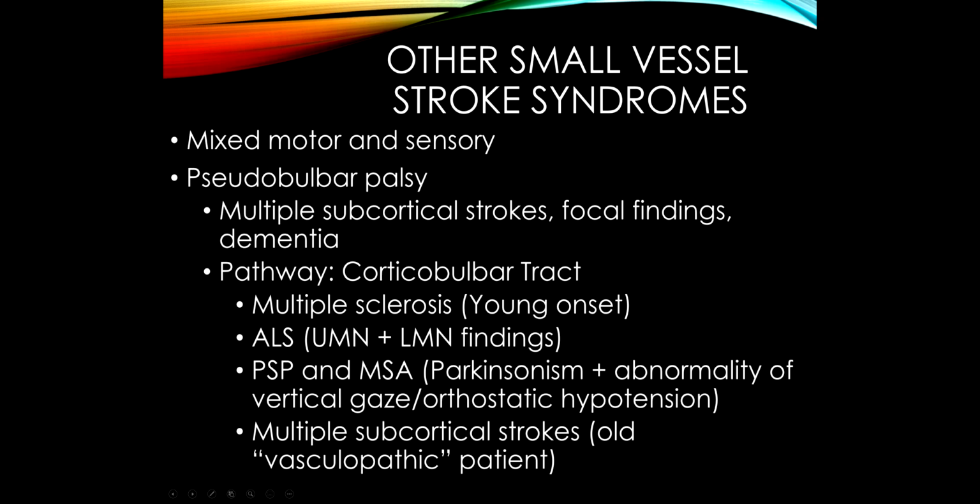Remember our two conditions that sort of look like Parkinson's disease but aren't, progressive supranuclear palsy and multisystem atrophy. Those patients have pseudobulbar palsy. And then in this lecture, multiple subcortical strokes. So now we've got an old vasculopathic patient, older, that has pseudobulbar palsy.